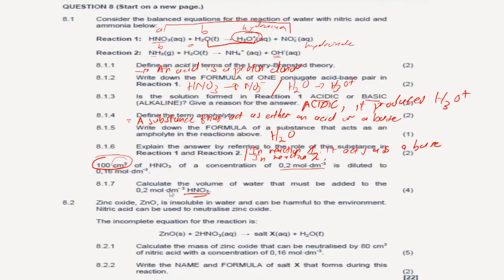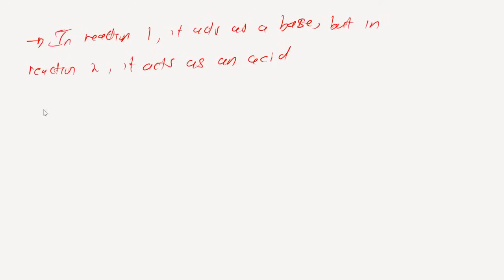This is the case of moving from C1V1 = C2V2. Whenever we are told that we are moving from a certain concentration to a new concentration, we apply our formula C1V1 = C2V2. This is the concentration and volume before, and this is the concentration and volume after.